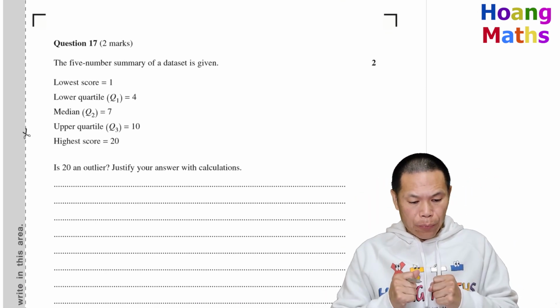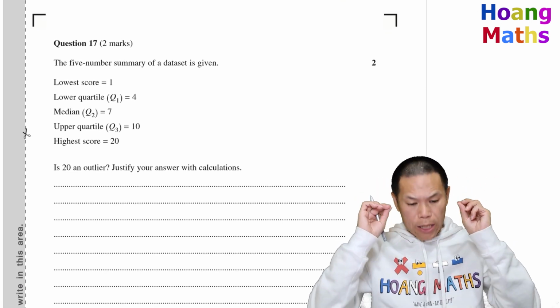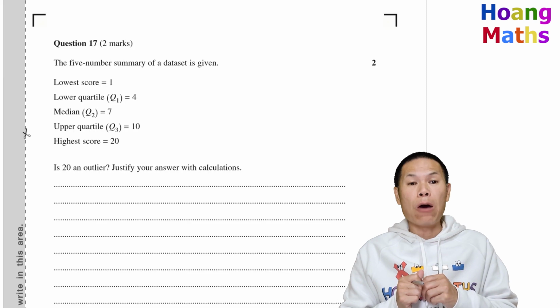Question 17. We need to work out whether 20 is an outlier.